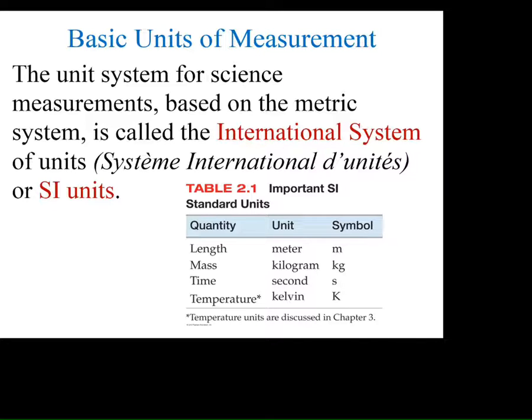Length is still the meter, mass is still kilograms, time is seconds. The only difference is temperature. It's Celsius in metric, but in science we use the Kelvin scale. That's the only difference.